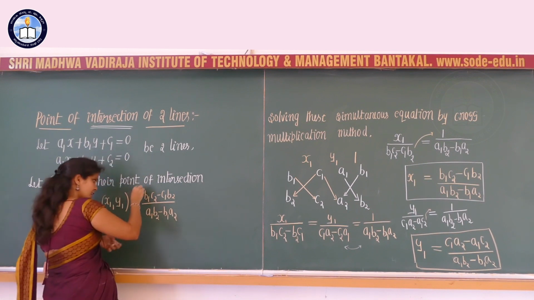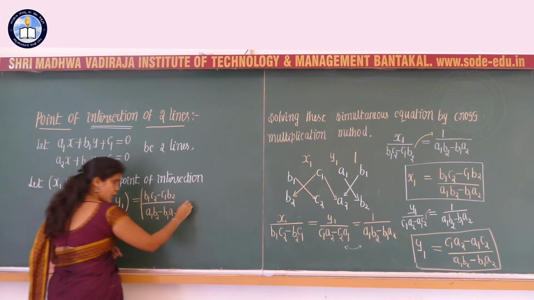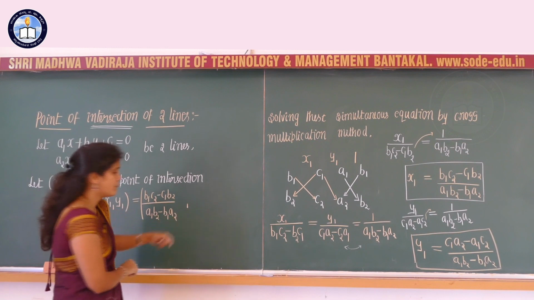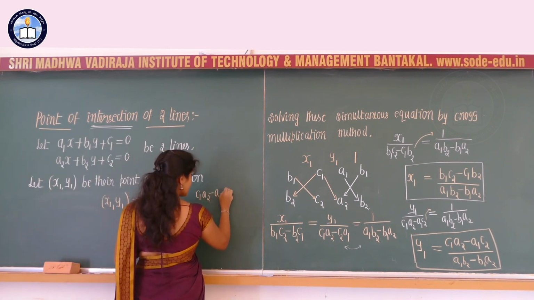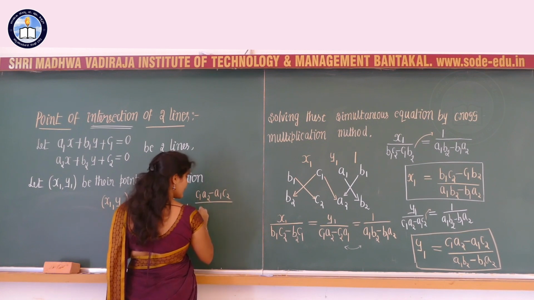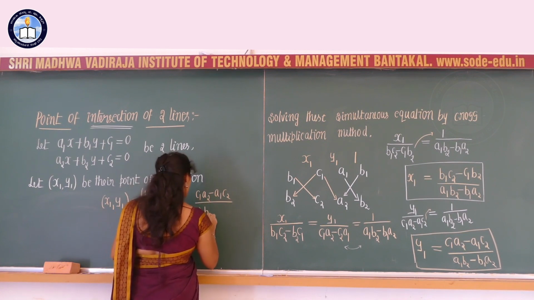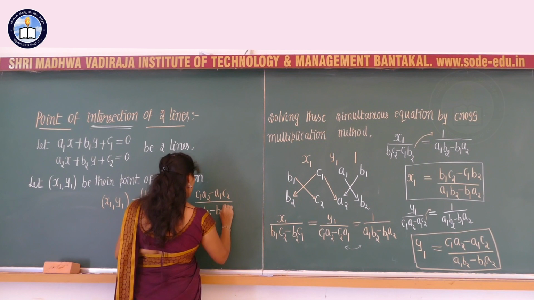This represents the x coordinate, and the y coordinate is given by the formula c1 a2 minus a1 c2 divided by a1 b2 minus b1 a2.